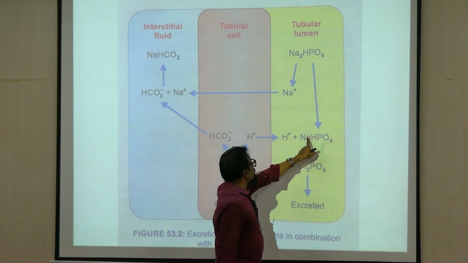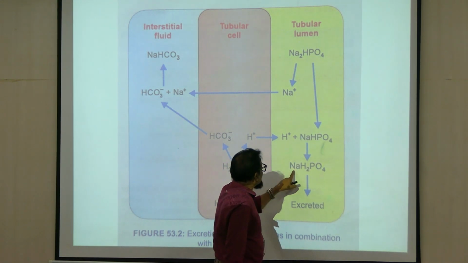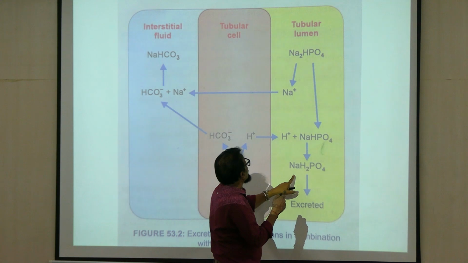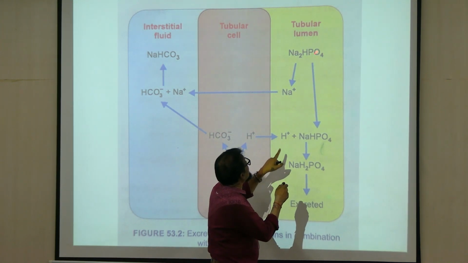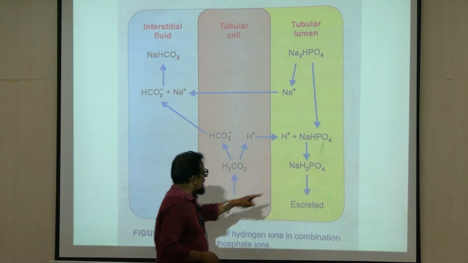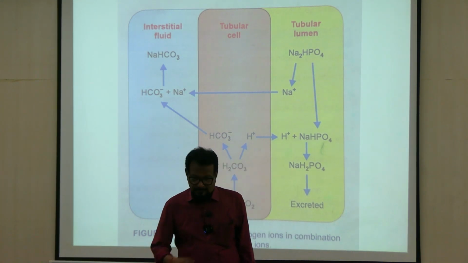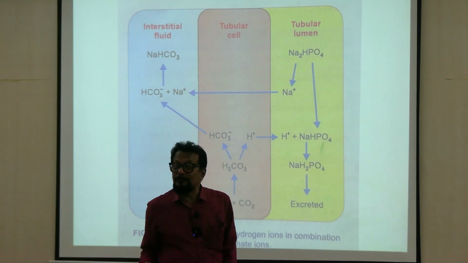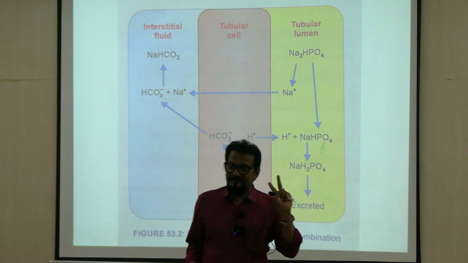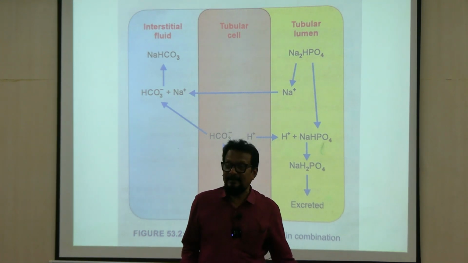Now this sodium hydrogen phosphate will combine with this, and this will be NaH2PO4. So this was Na2HPO4, which is basic, but now it is the acidic form. Okay, now it is excreted. So some hydrogen ion is excreted. Okay, so this is which mechanism? Phosphate mechanism. You can observe it in two places, within the cell and in the renal tubule.